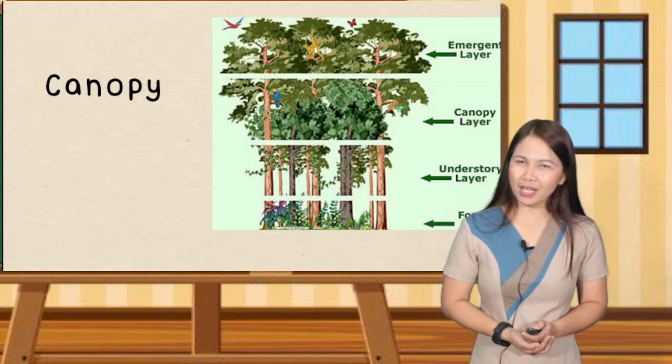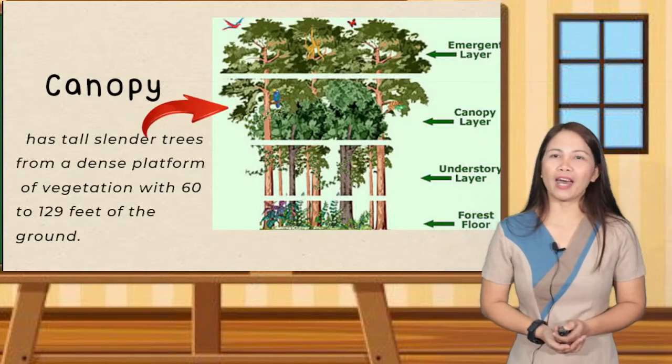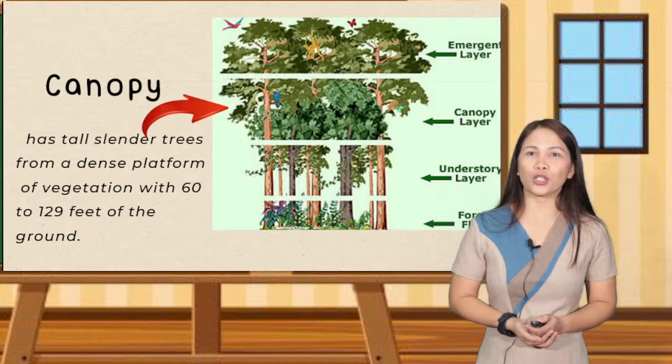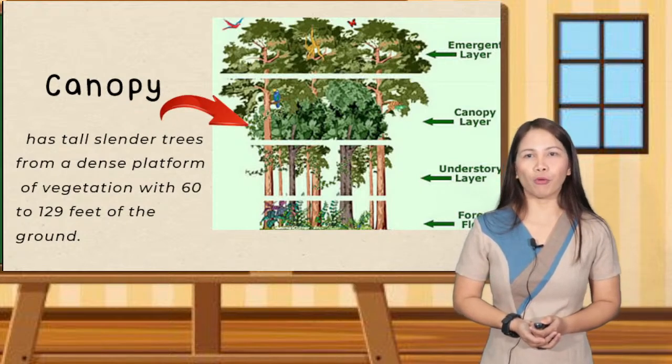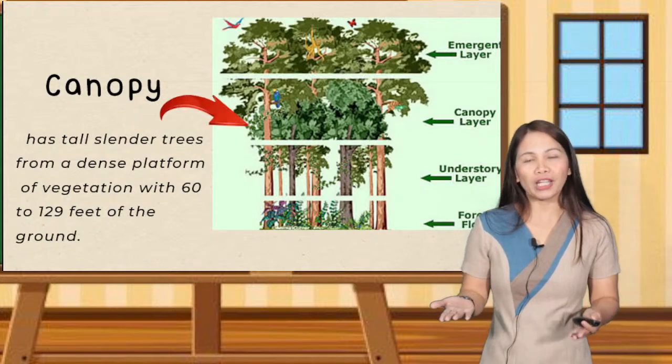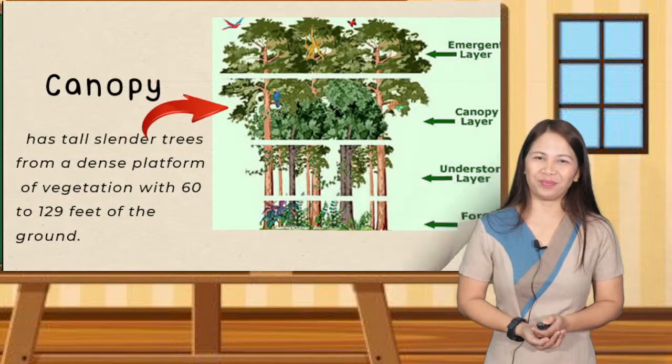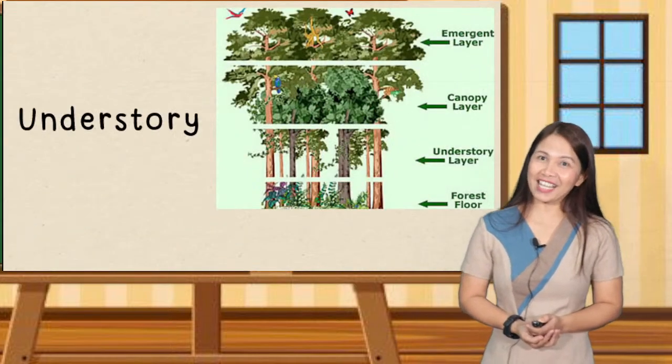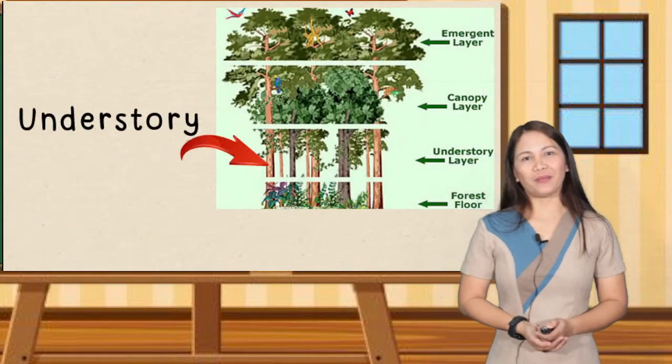For canopy, or the second layer, we have tall, slender trees from a dense platform of vegetation with 60 to 129 feet off the ground. Next is understory.